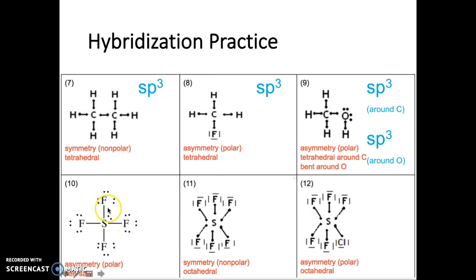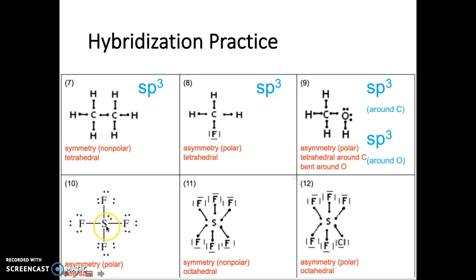When you get down to this right here, sulfur is going to need 1, 2, 3, 4, 5. It needs 5 hybridized orbitals, which means now you're going to have to expand outside of the octet, which means you're going to need a d orbital. And that empty d orbital is necessary to be hybridized in order to accommodate the 4 sigma bonds and the 1 lone pair.